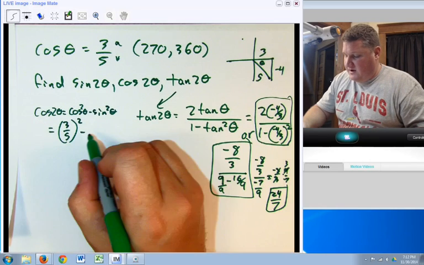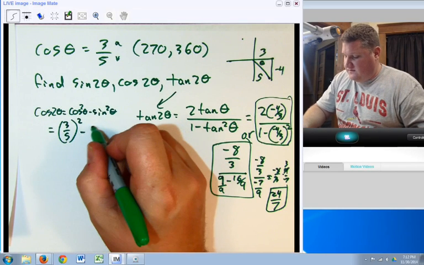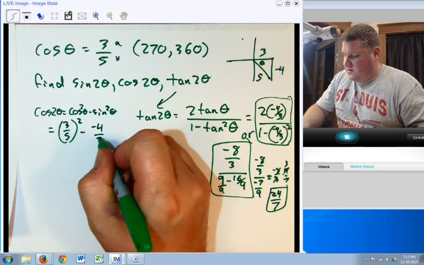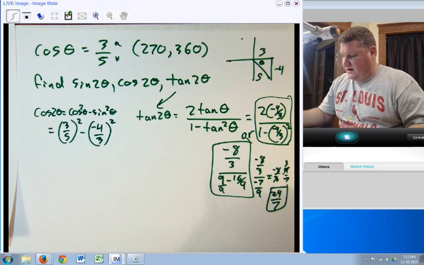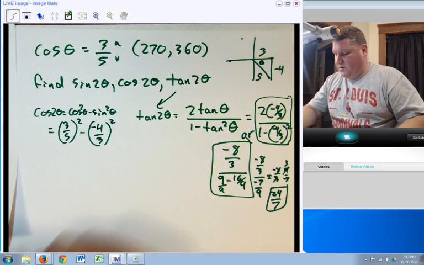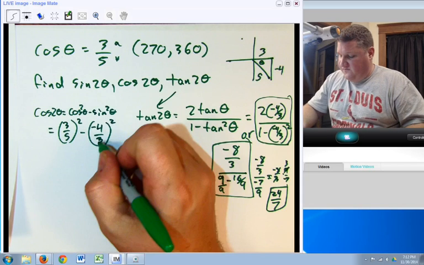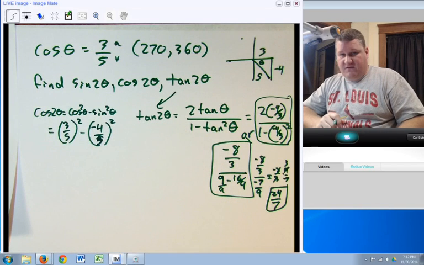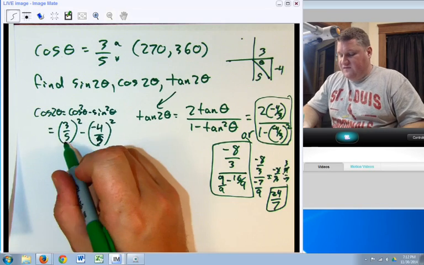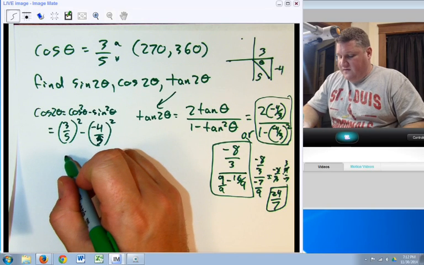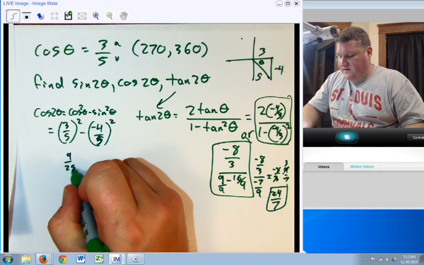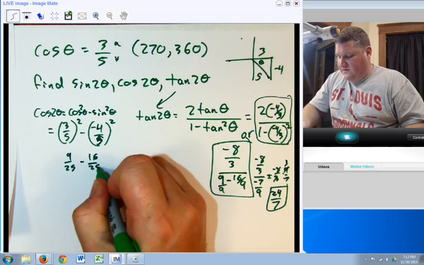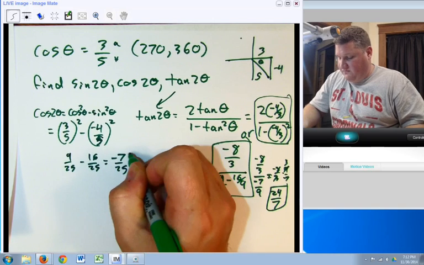Minus sine squared, that's going to be 4 over 5, excuse me, and square that one. This is going to be 9/25 minus 16/25. You come up with negative 7/25.